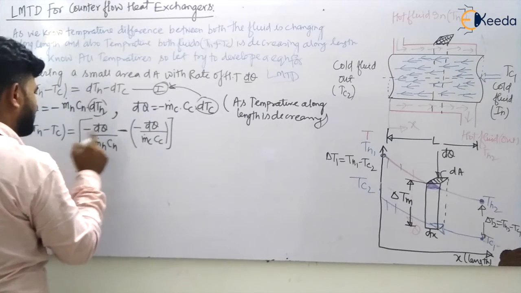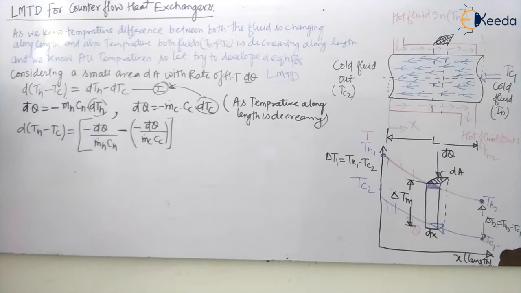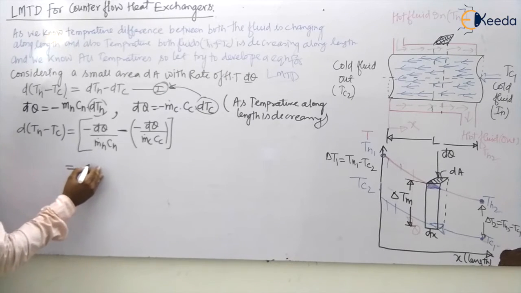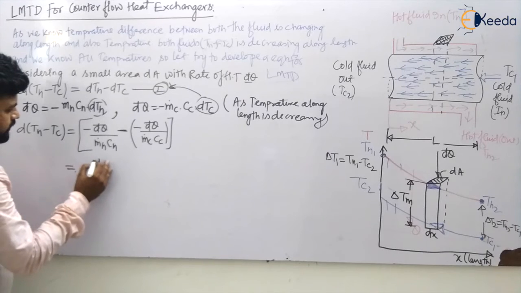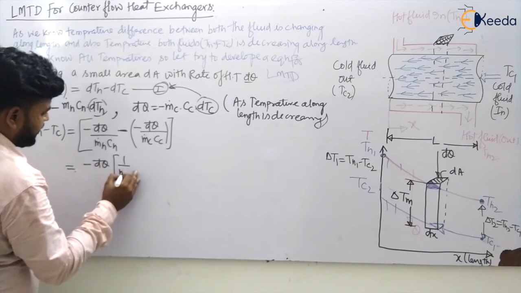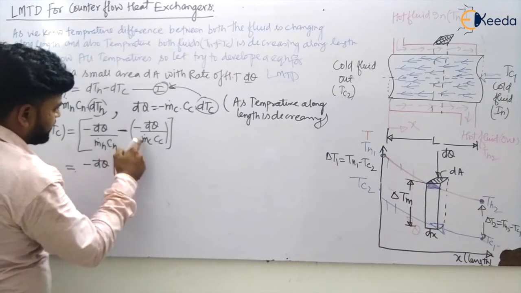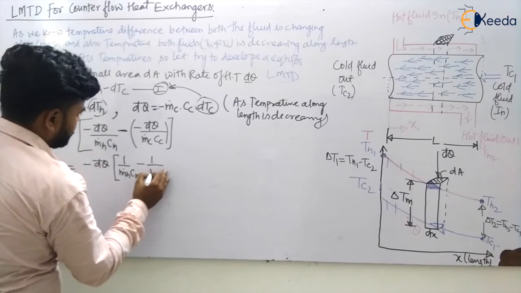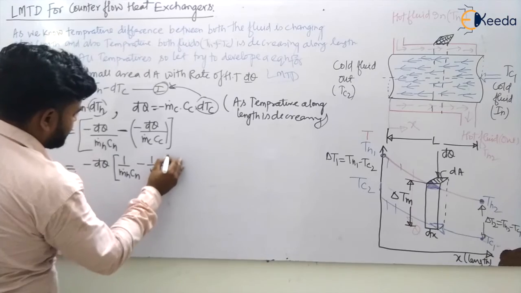Now let us take the negative out. What I will have is negative of dq times 1 upon m dot h Ch minus 1 upon m dot c Cc, my dear students.